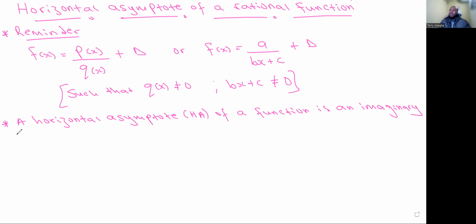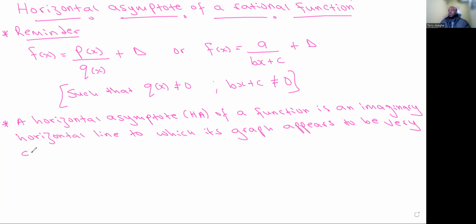I'll say imaginary horizontal line to be more specific, to which its graph, I say the graph of the function, appears to be very close, but never touch.